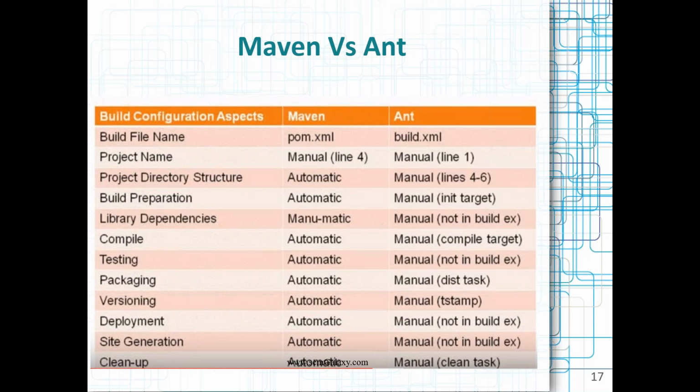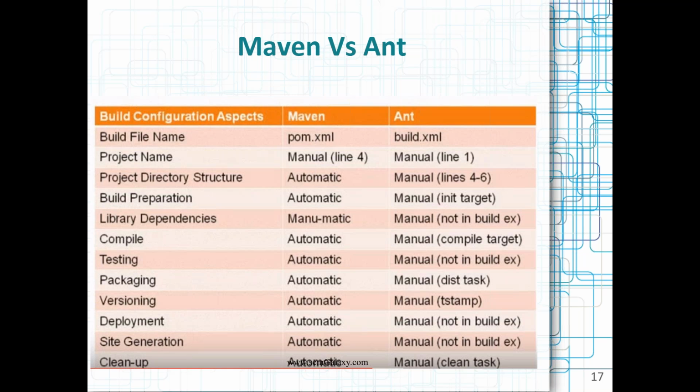Prepare for the build, automated. Download the dependent libraries, automatic. Compile, automatic. Test, automatic. Package the software, automatic. Versioning, automatic. Deployment, automatic. So basically, in Maven everything is automatic. In Ant, you have to write your own logic manually. Correct now?